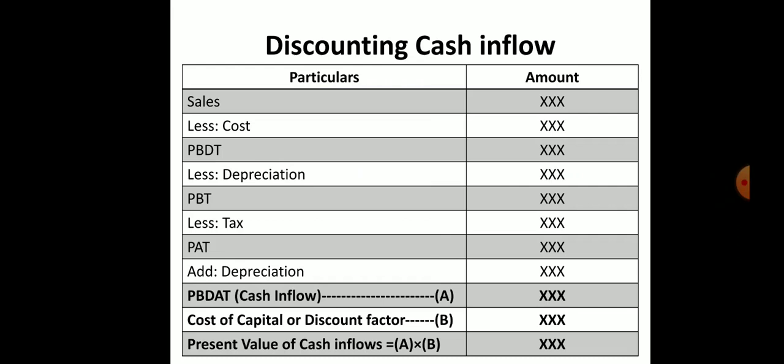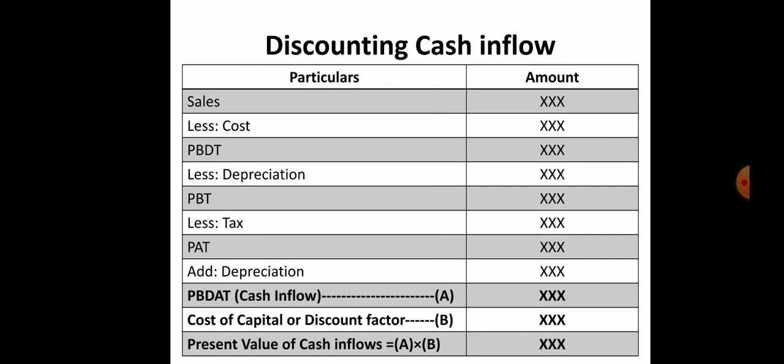So in discounting cash flow, this is the format for calculating cash inflows. We already know everything up to cash inflow, which I have highlighted. Up to cash inflow, we calculate payback period, post payback period and average rate of return.